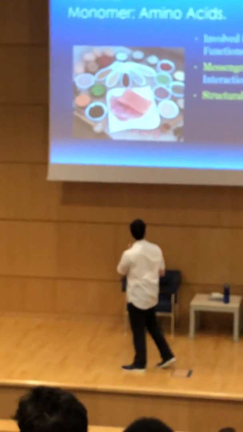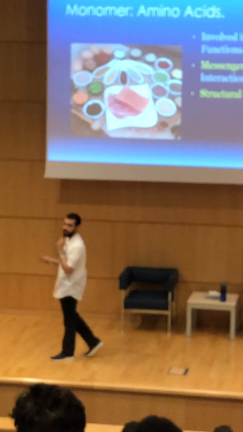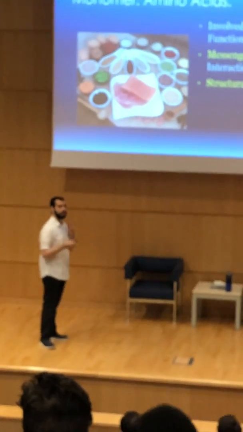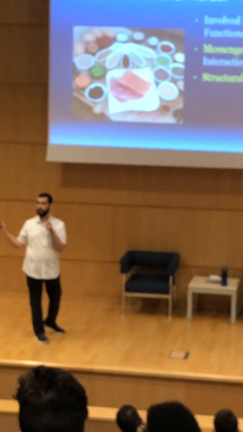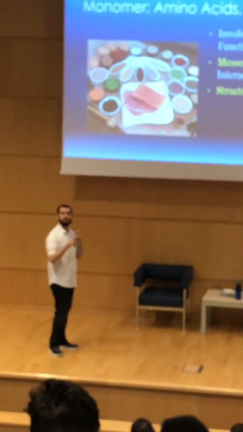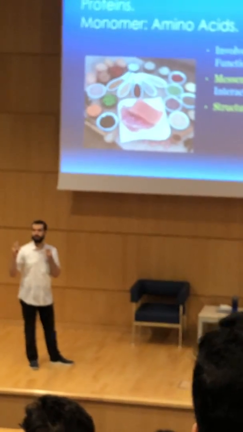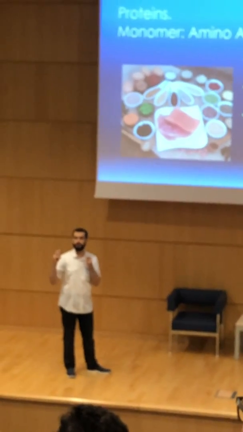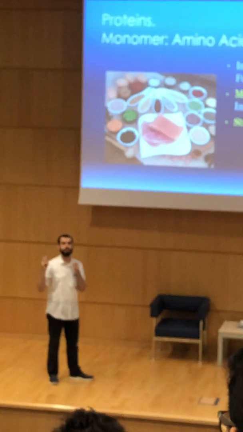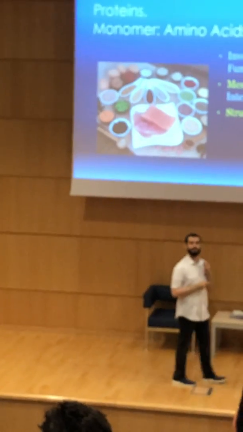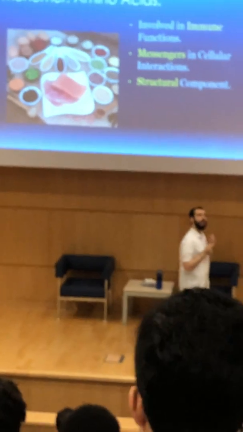They are a structural component, as we said, actin and myosin in the cell, and the most abundant protein in the body. Does anybody have an idea what it is? Just shout it out. It's collagen. Collagen is so abundant in the body.